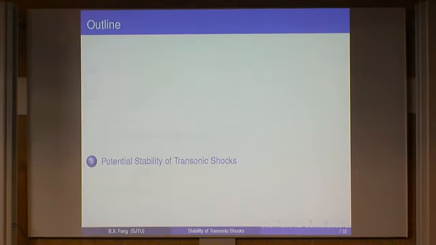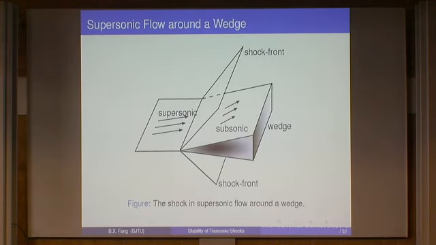So here I'd like to continue to talk about the stability of transonic shocks. Since we already have some theory for the 2D case, we are interested in the multi-dimensional case. We assume we have an MD wedge, and we also have flow in an empty space.